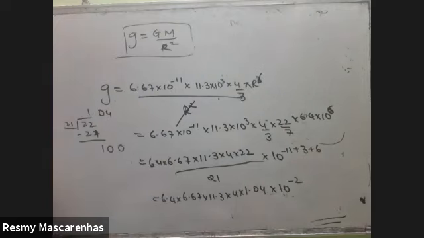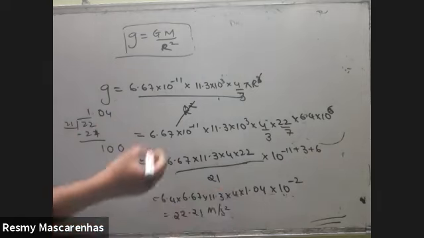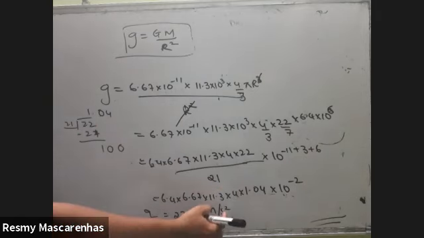So all the numbers are to be multiplied. We'll get approximately 9.8 meters per second square, gravity, so meter per second square.